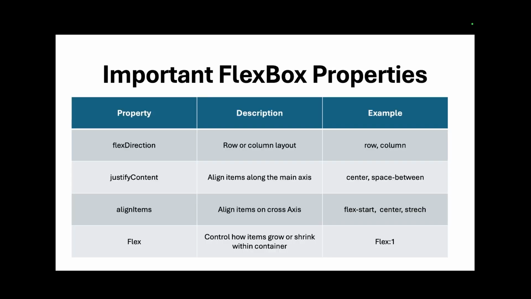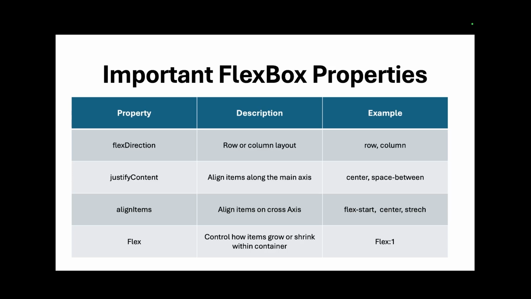Now we'll see a few important FlexBox properties. There are four main properties: flex direction, justify content, align items, and flex. Flex direction allows us to arrange elements in a row or column.